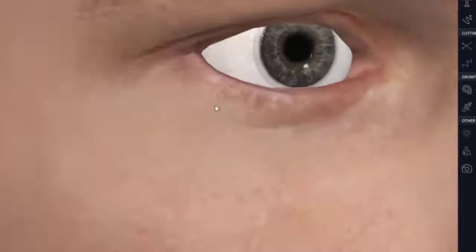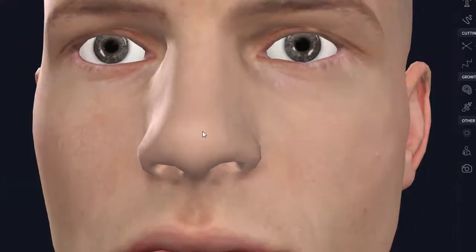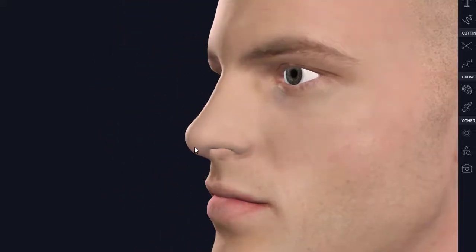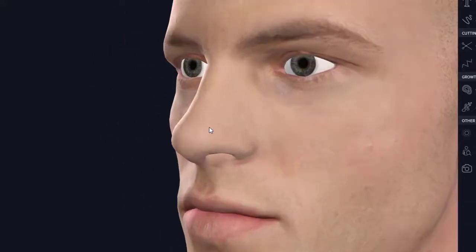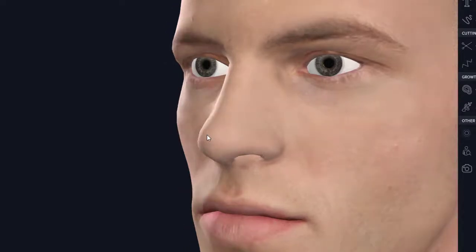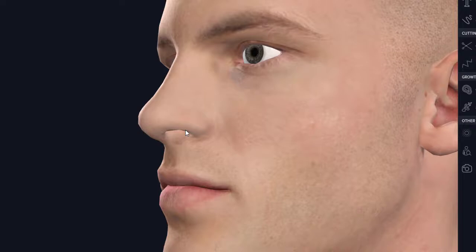So the external nose, as we can see here, is a hallmark feature and a very unique distinguishing feature of us humans. Mainly the difference in size is largely due to the different size and shape, of course, of the nasal cartilages.